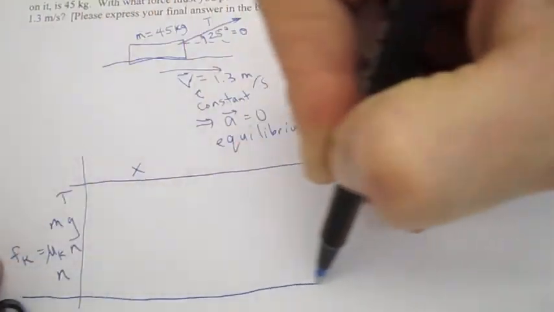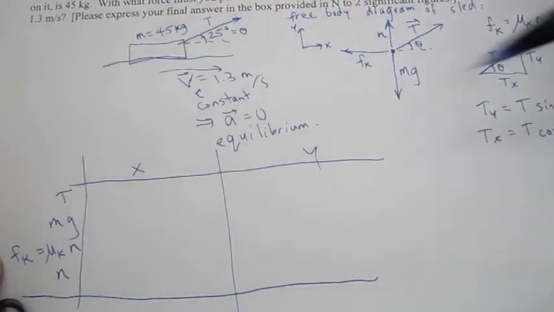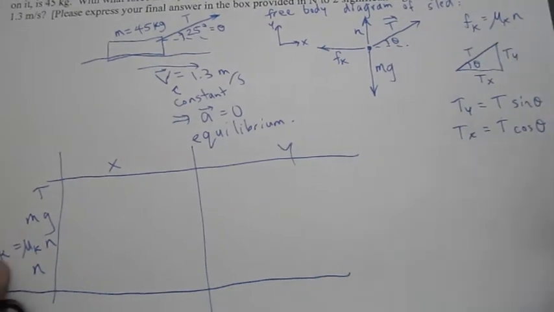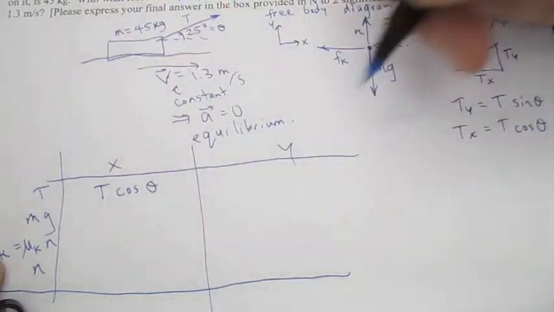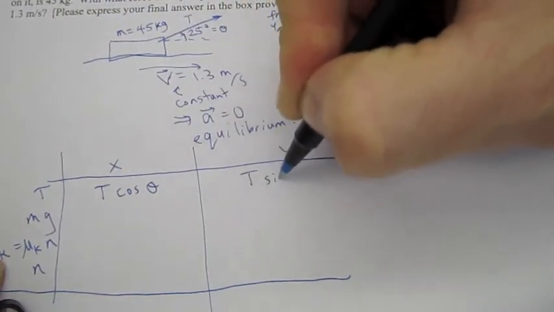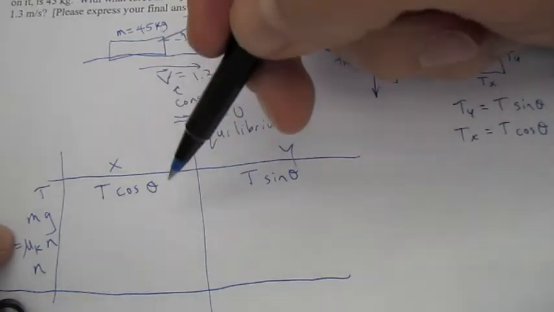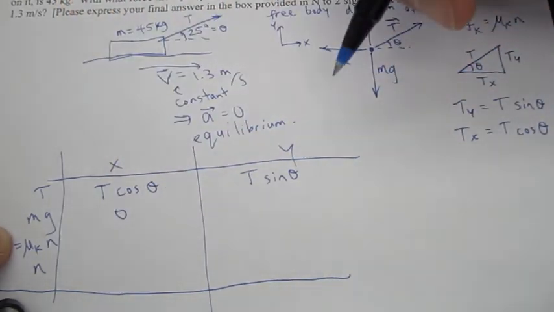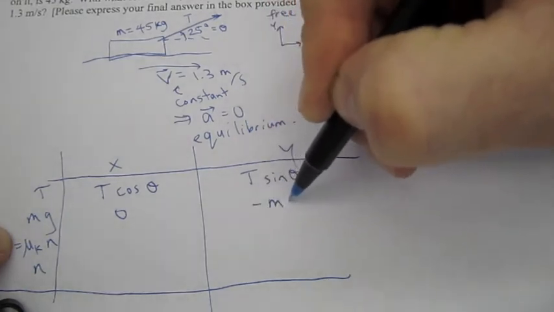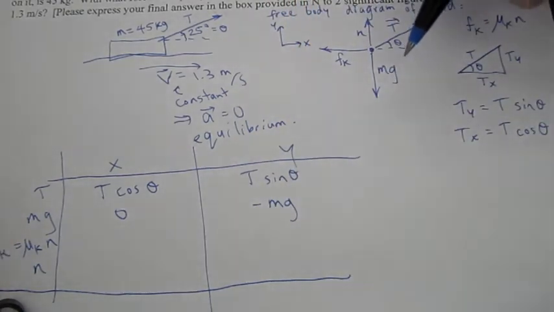And we've also got n, right? So let's just find the x and y components of all these. T, we've already worked that out. In the x direction, that was t times cosine theta. In the y direction, that was t times sine theta. mg is just acting straight down, so it has 0 x component and negative mg as the y component.